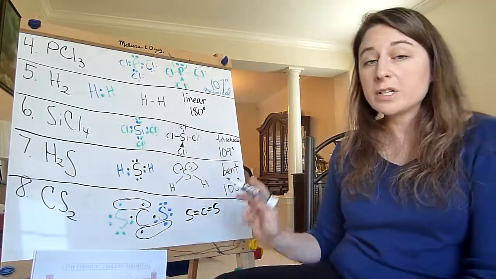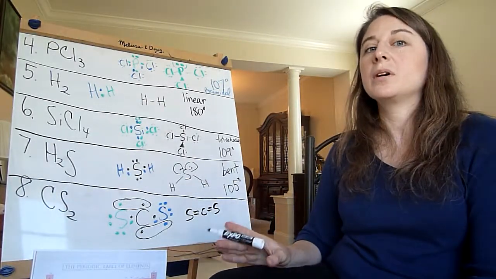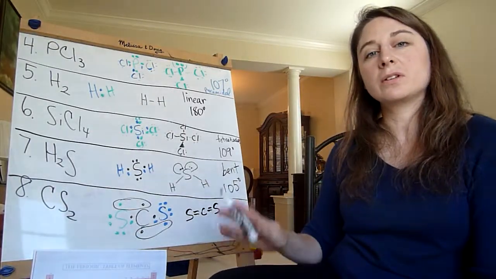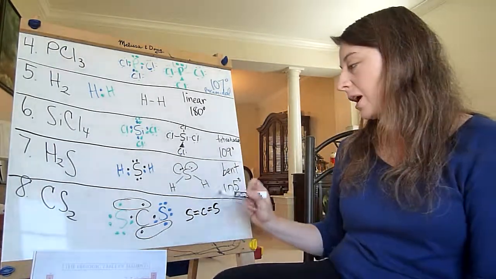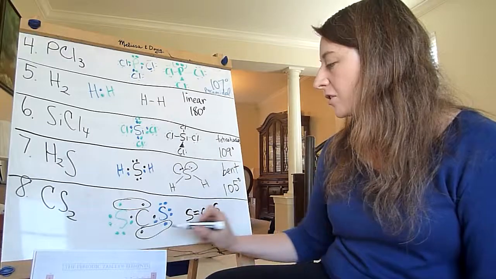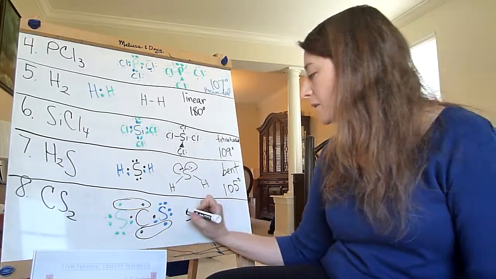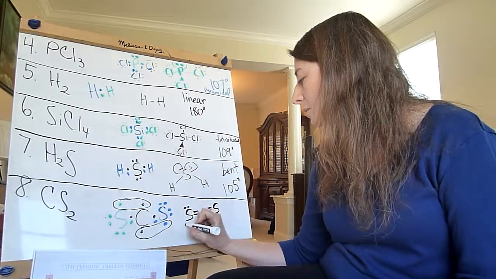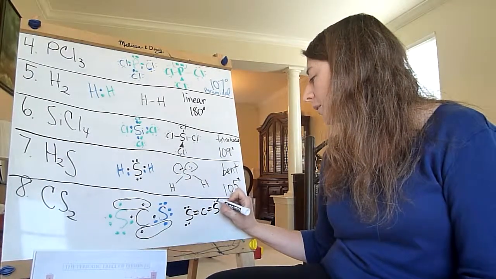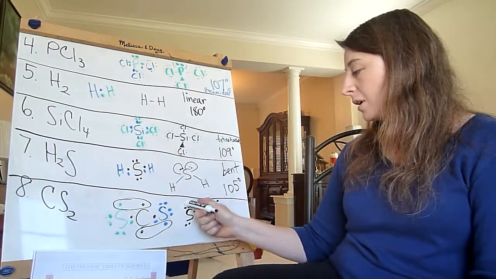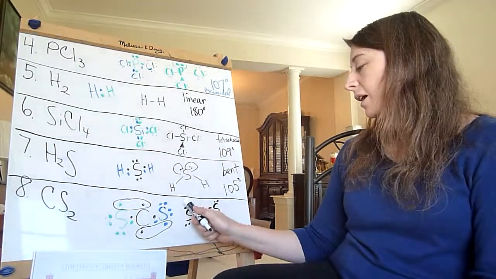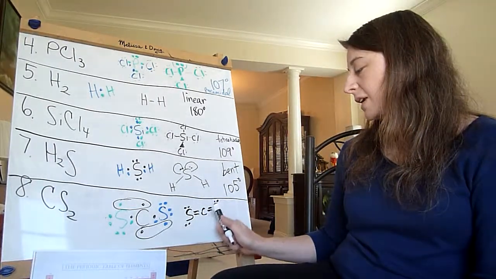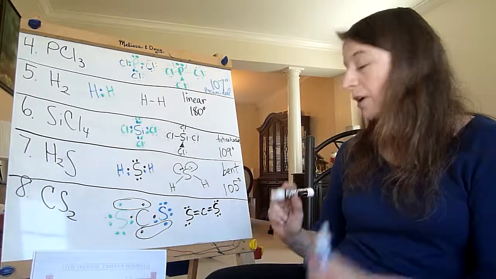So always check, especially when you're dealing with double, triple bonds, make sure that you don't put more than 8 electrons around any given atom. Check every atom. So you can see that each sulfur has 2 unshared pairs. Then count: this has 2, 4, and each line, of course, is 2, 6, 8. 8 electrons around the sulfur, 2, 4, 6, 8 around the carbon, 2, 4, 6, 8 around that sulfur.